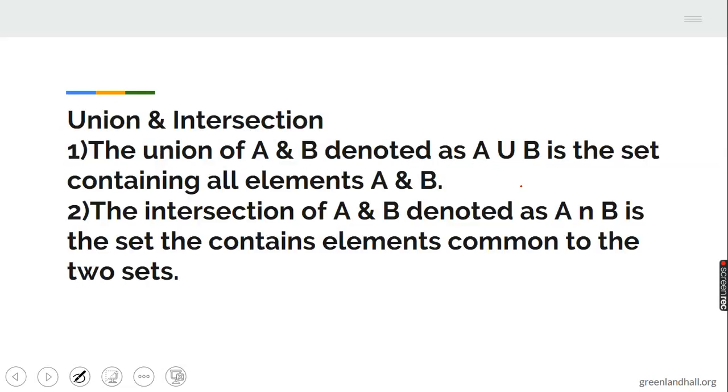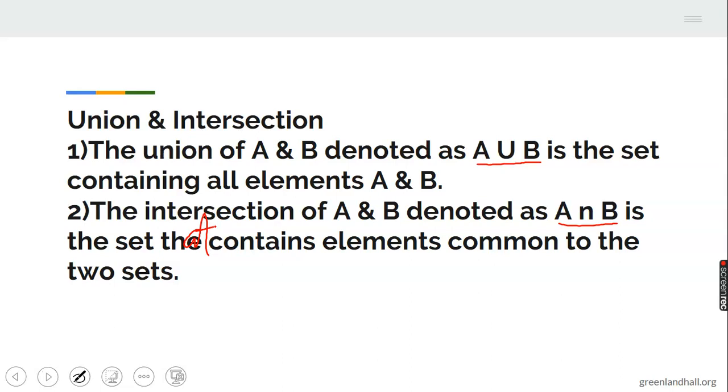Now, union and intersection. The union of sets A and B, denoted by this symbol, is the set containing all the elements of A and B. While the intersection of A and B, denoted as this, is the set that contains elements common to the two.